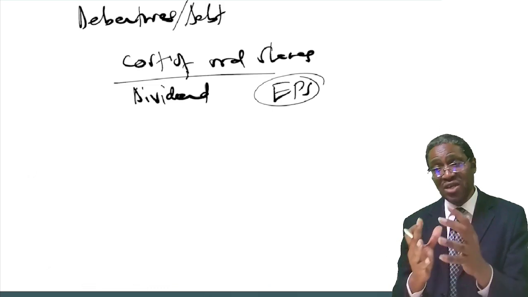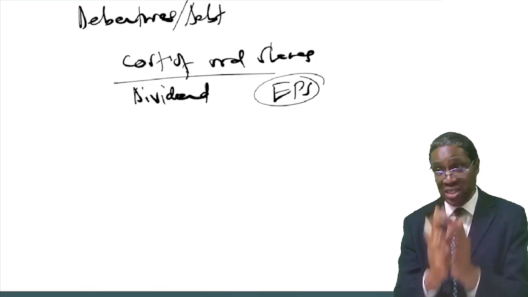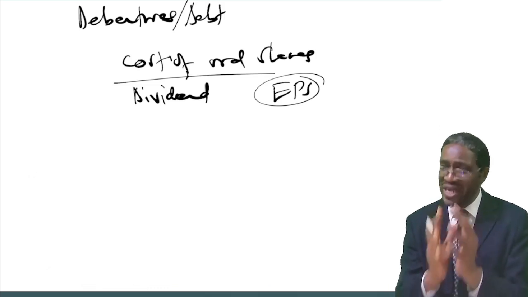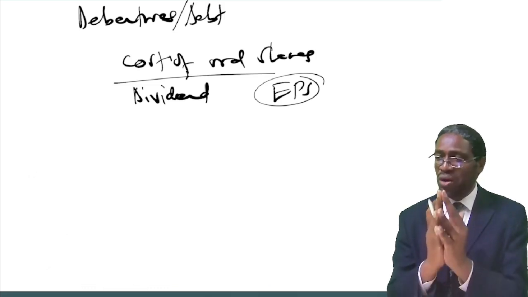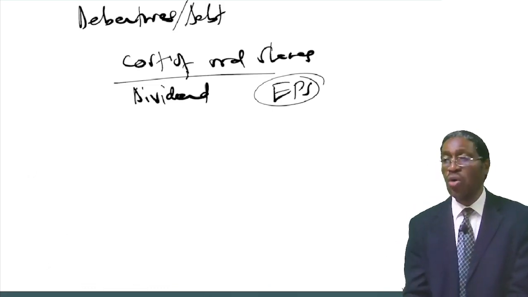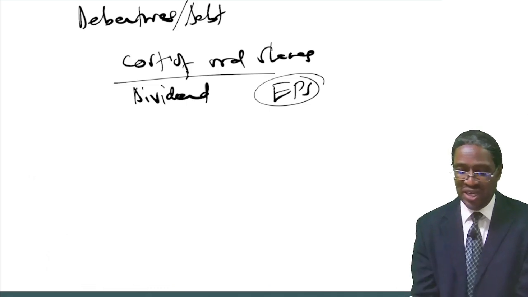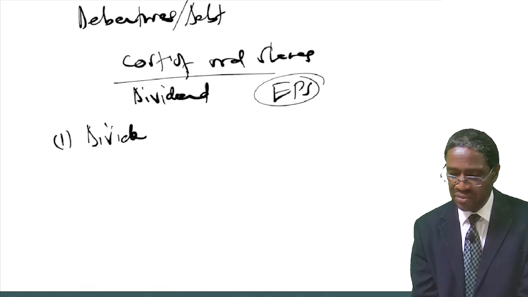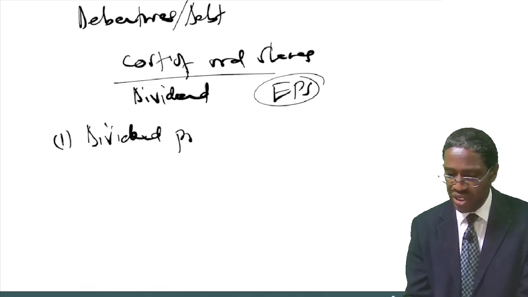If they are relying on dividend as their return, then one way to calculate the cost of ordinary shares on the basis of dividend is to use what we call the dividend price model.